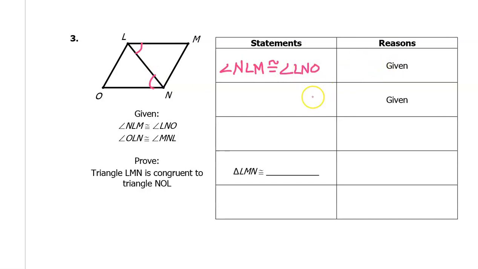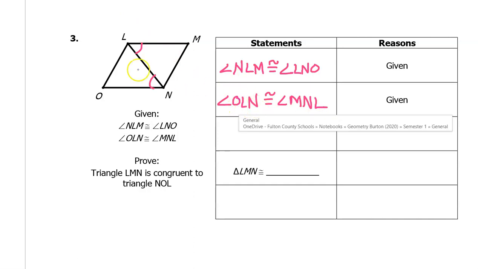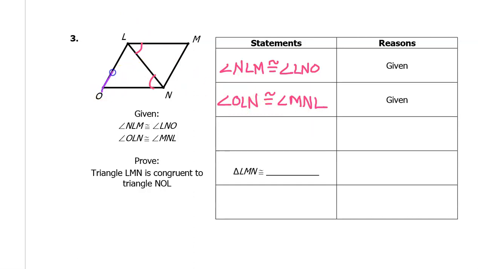So that was given. We have another pair of congruent angles coming. So we have angle OLN is congruent to angle MNL. Angle OLN is this angle right here.